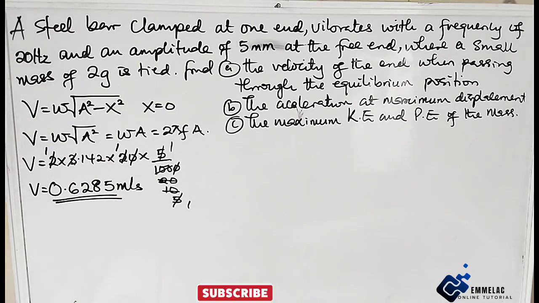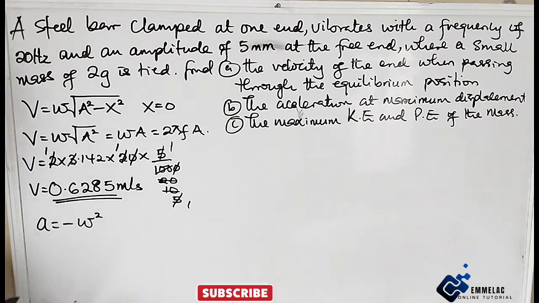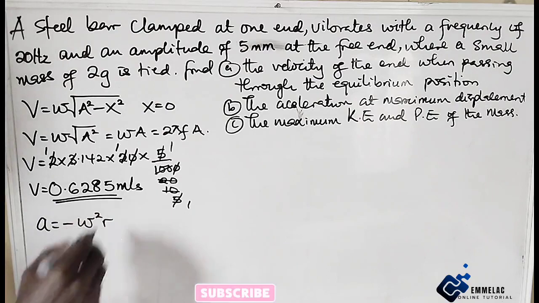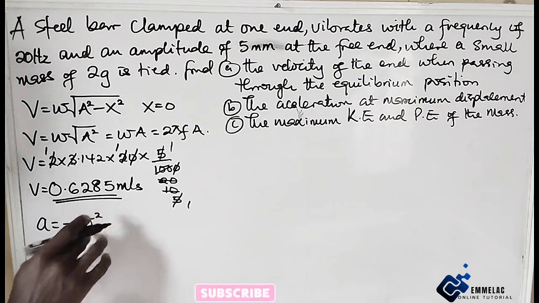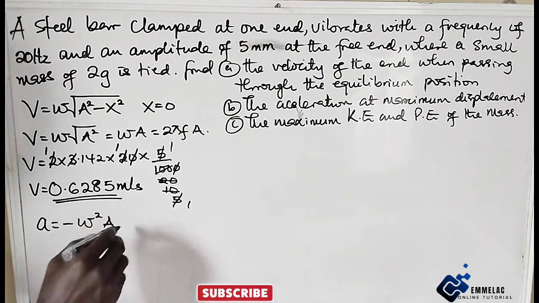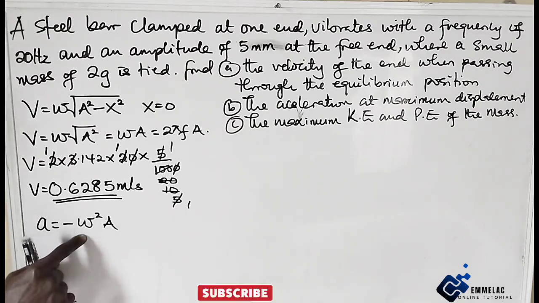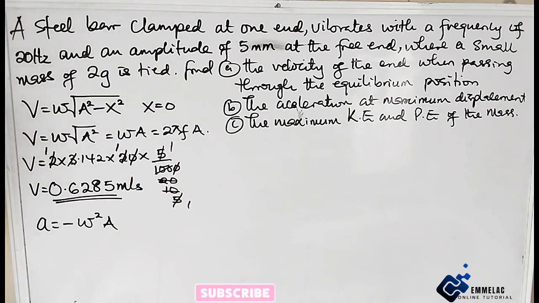Now what next is to find the acceleration. Now let us recall that acceleration is given as minus omega raised to the power of 2 and r, or x. Oh, sorry, a. So now from here, we know that the value of our amplitude is given. We have to input this into the expression.